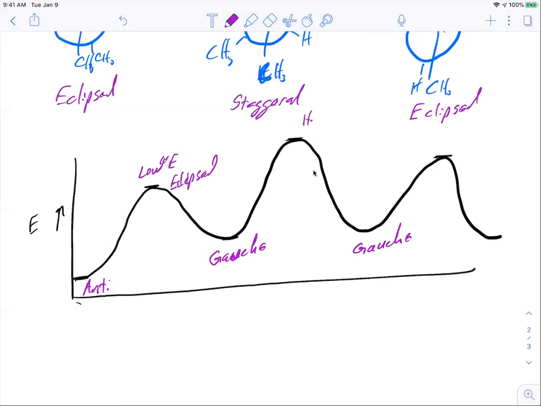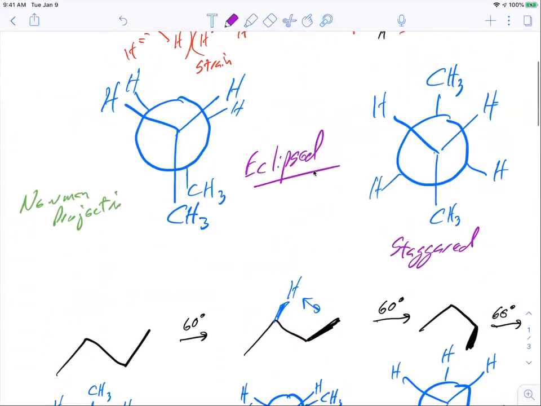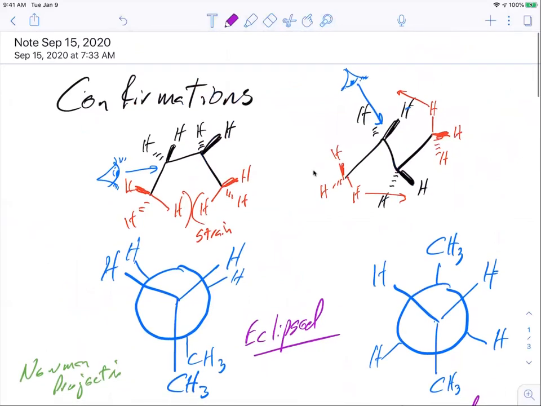And the higher energy eclipsed. Right? Questions about conformations or acyclic conformations.